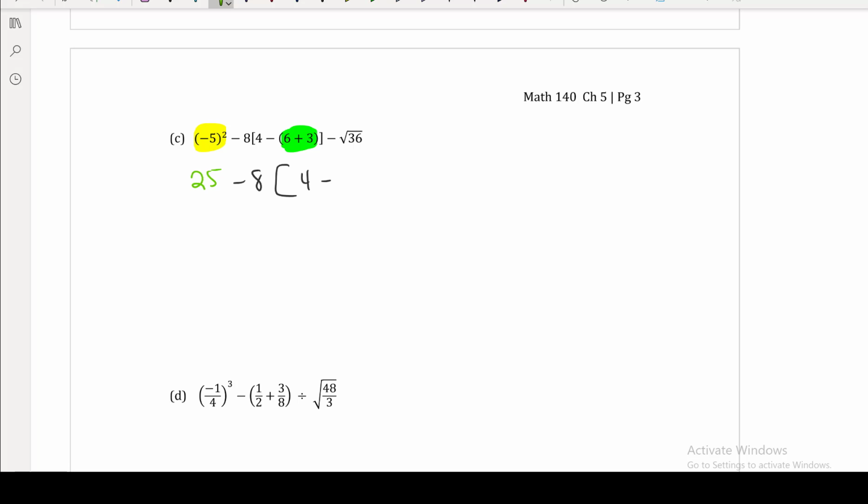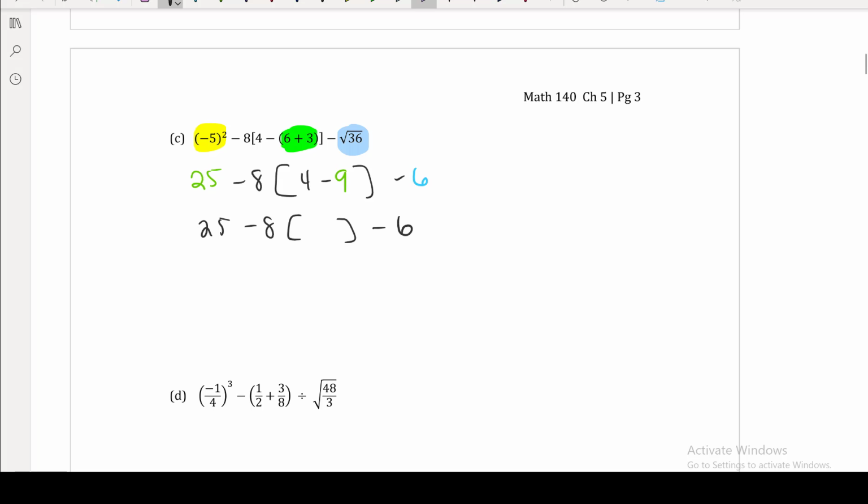So then 6 plus 3 is going to give you 9. And you have minus, and here I'm going to have the square root of 36. And the square root of 36 is 6. So now I have 25 minus 8 minus 6.